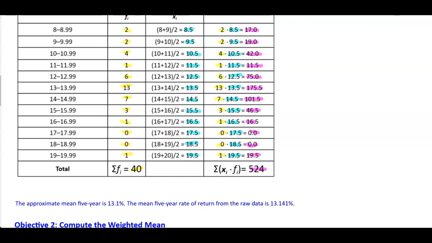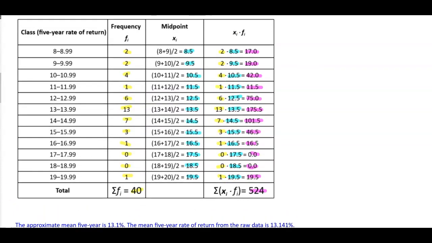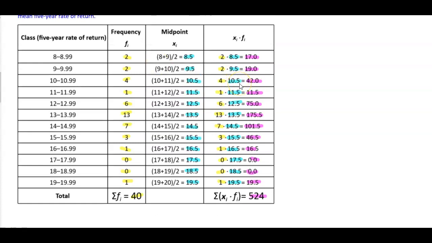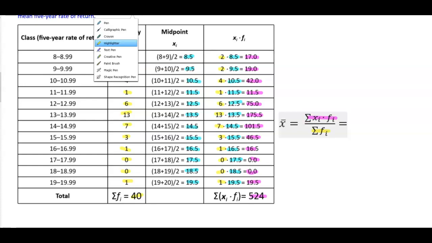So now we're going to use our formula to approximate the mean. And then what's our formula? Well, let's take a look at the formula. The formula to find the mean is to take the total of the last column, which we know, and we're going to divide that by the total of the frequency.